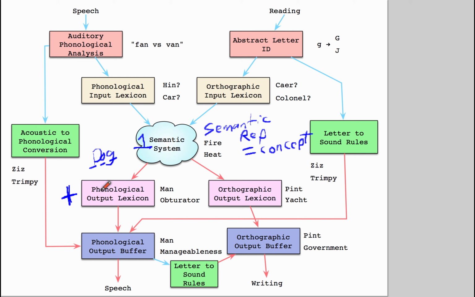D, a, g. We have to hold it in a very short-term memory called a phonological buffer, long enough for all the motor planning to be done to transform this abstract linguistic phonemic code into a motor act.